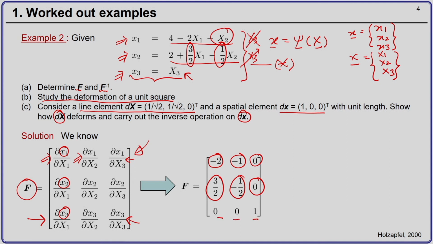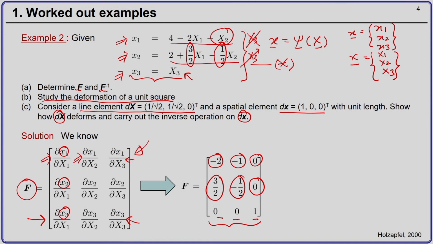In this way you have found the deformation gradient tensor. And you can see that this deformation gradient tensor is independent of the material coordinates X1, X2, X3, which means you have a homogeneous deformation.